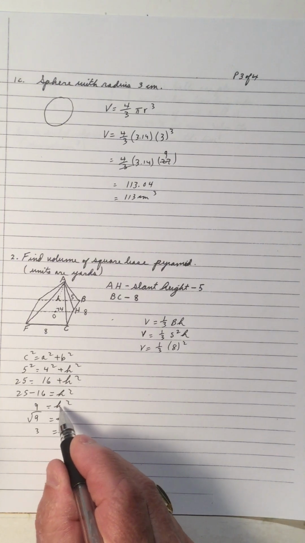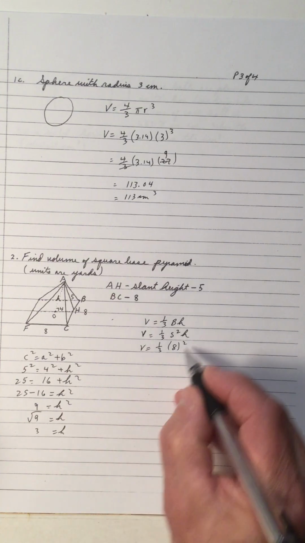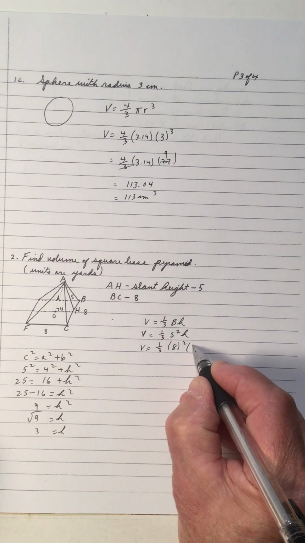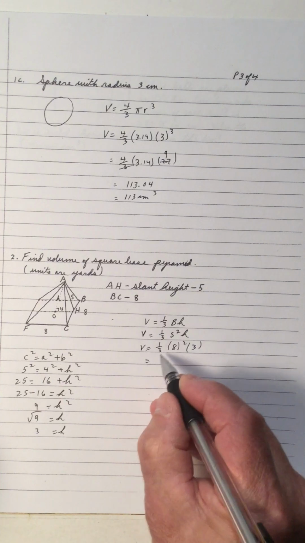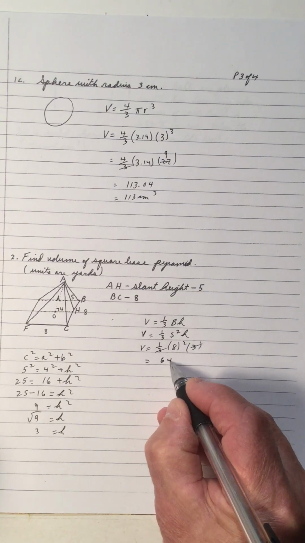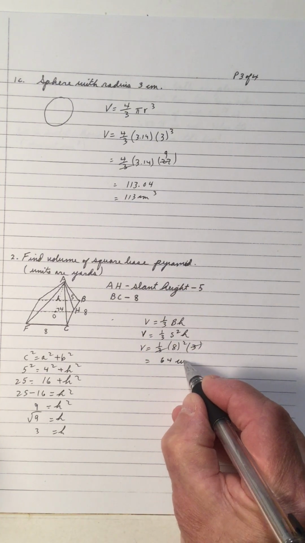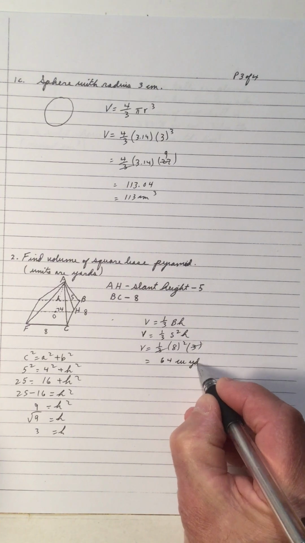There could be two values here, but because it's geometry, because it's height, we only deal with the positive one. So that means the height is 3. So the 3's cancel out. So that gives us 64. And the units are yards, so it's cubic yards.